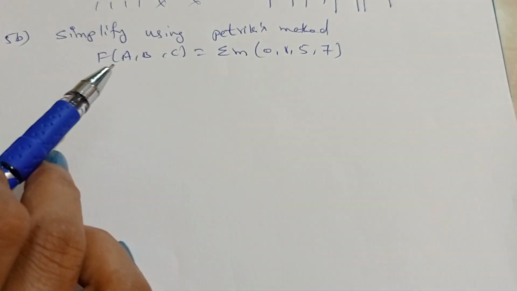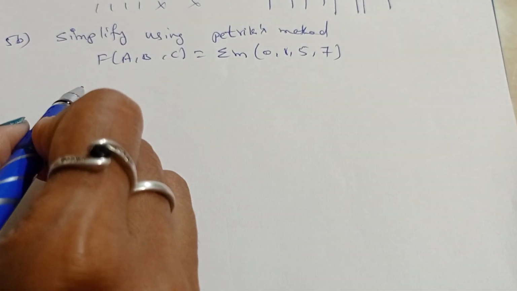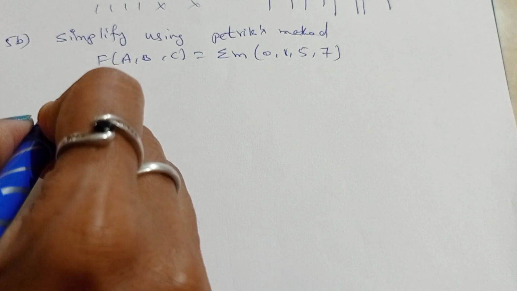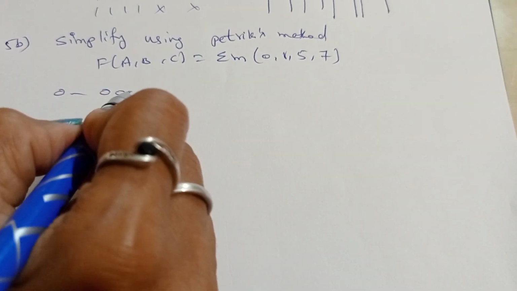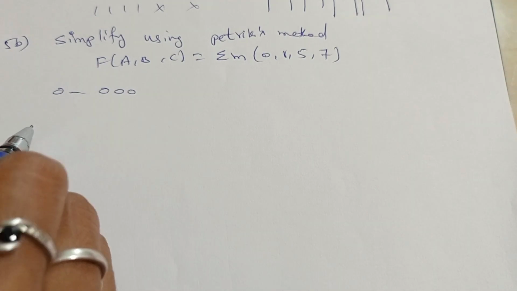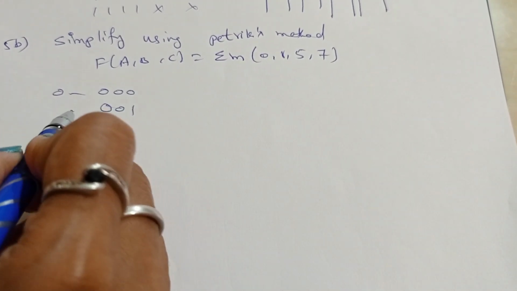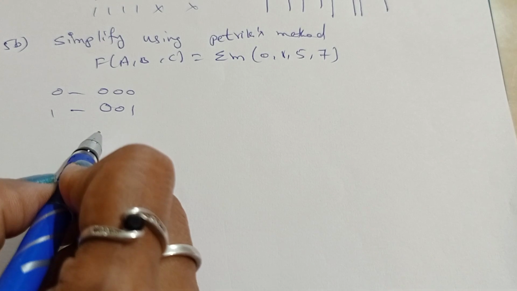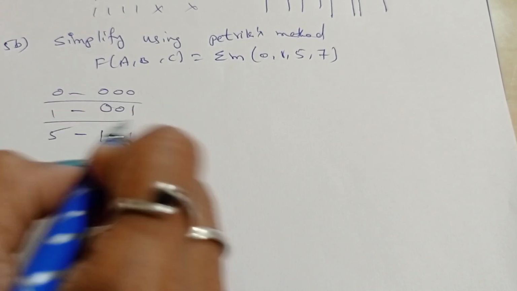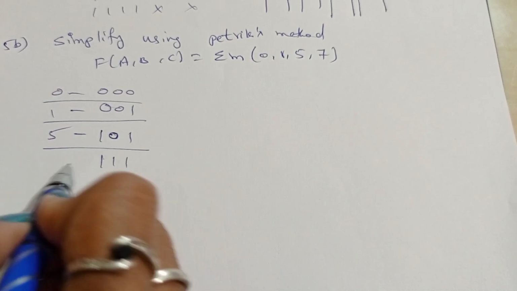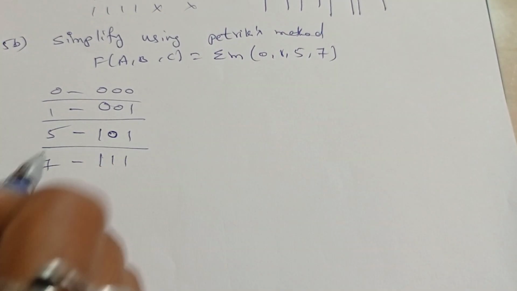Simplify using Petrick's method. First we need to write these terms SOP in ascending order. 0, all zeros, ABC. Next 1, 0 0 1, single 1. Next 5, 1 0 1, two ones, grouping. Next three ones.